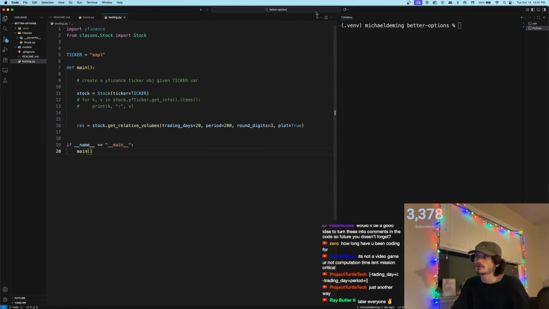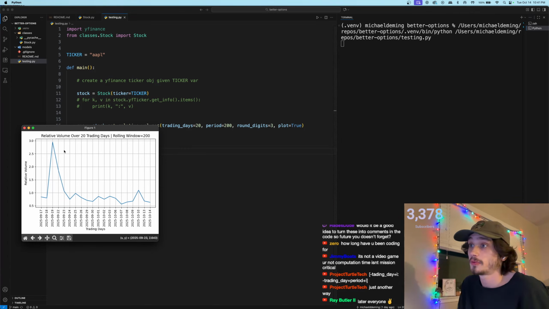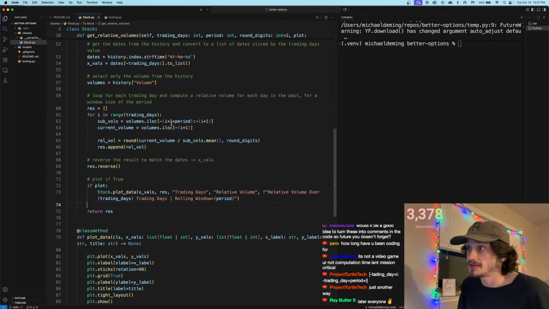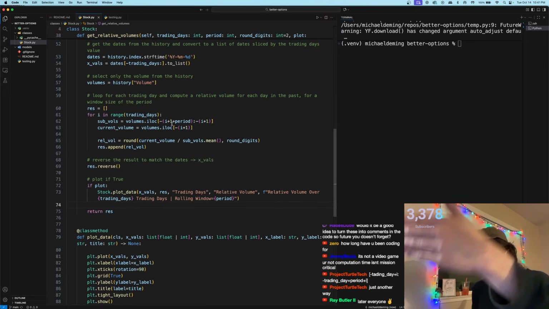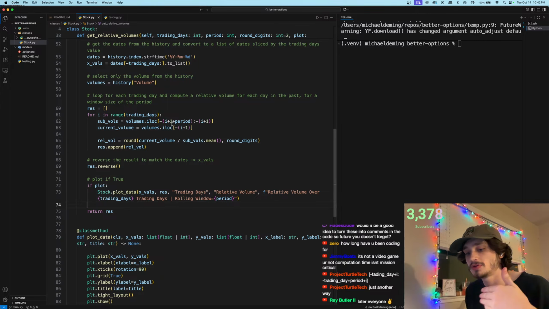Cool. So what we were able to accomplish today was computing relative volume over the course of a rolling window of time. For every X amount of trading days in the past, 20, 30, 40 trading days in the past, I'm going to compute the relative volume for each of the trading days.